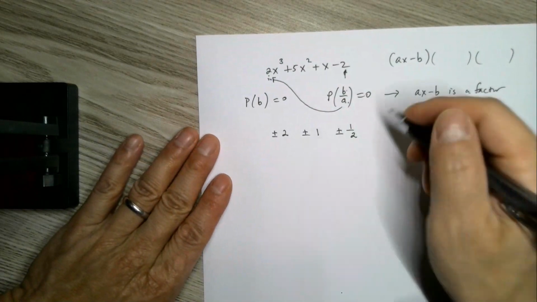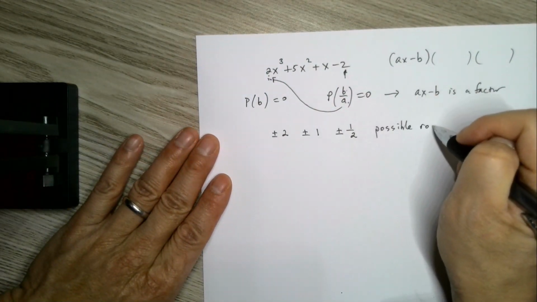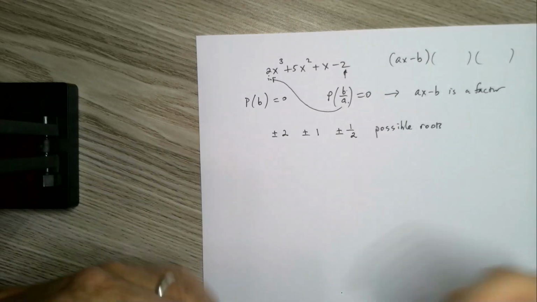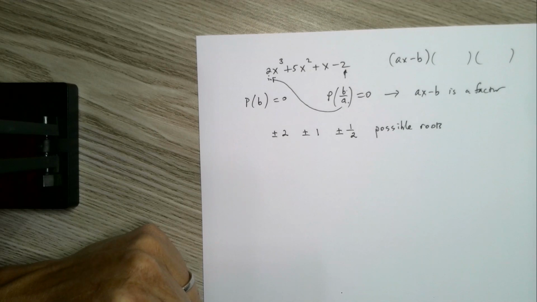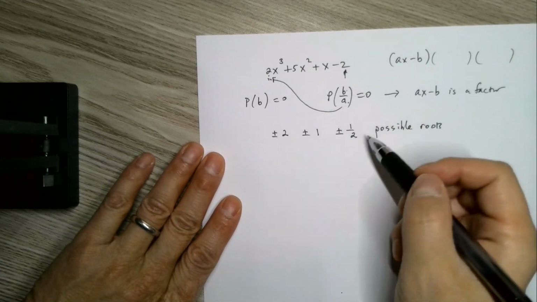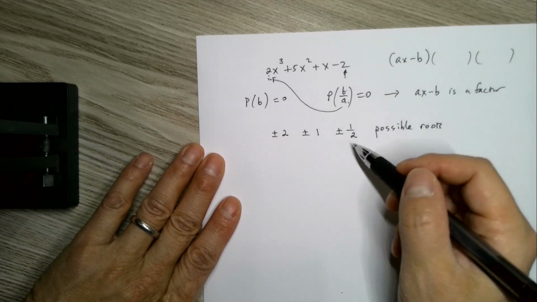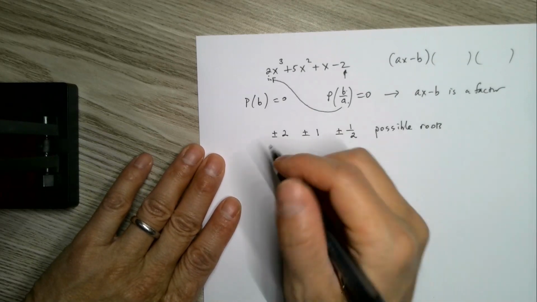So these are all the possible roots. And now I can choose the one I want to start with to plug in to see if I get a 0. 1/2 is a little more work to deal with because I'm cubing and squaring. So I'm going to start with the 1s.